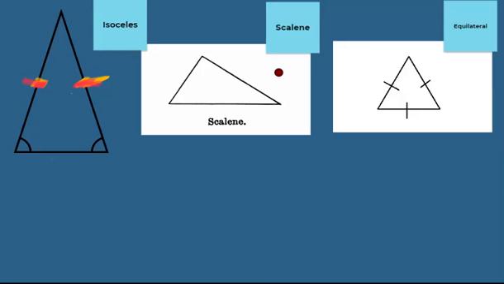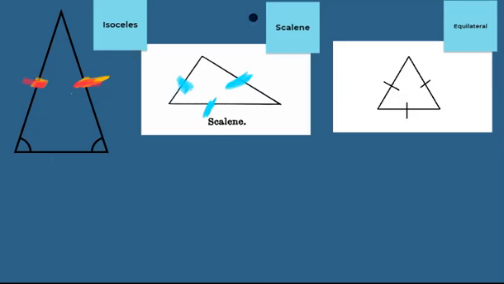And next we have a scalene triangle. So let me pick two more colors to use this time. Let's pick blue. A scalene triangle is basically just a triangle with no equal sides at all. If you look, this side is not equal to this side, and this side is not equal to either of these sides.